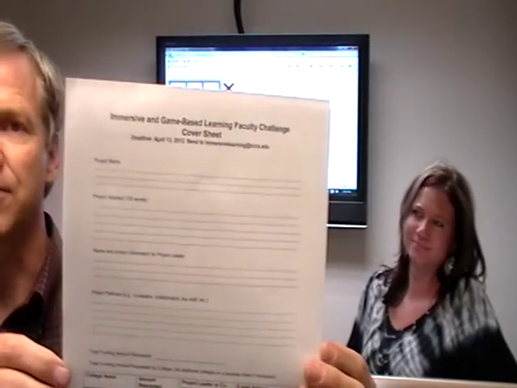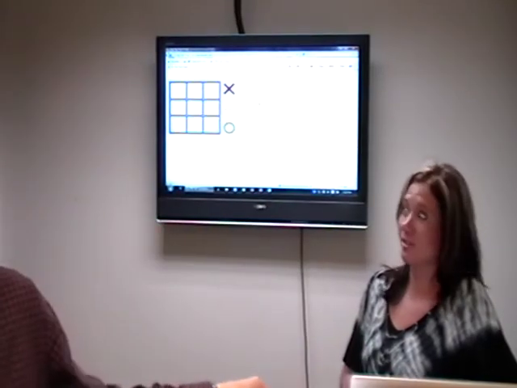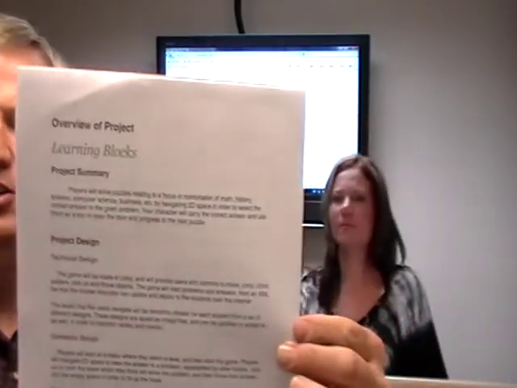Each faculty would accept a project proposal, and ACC students have put together learning blocks.